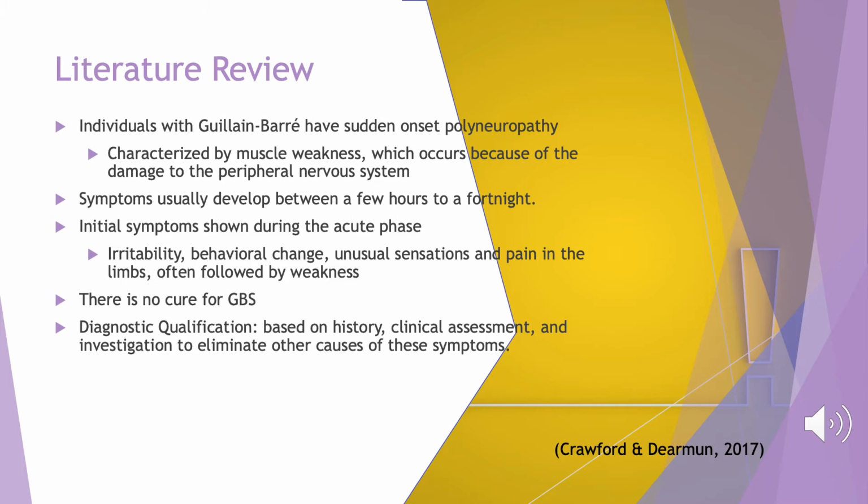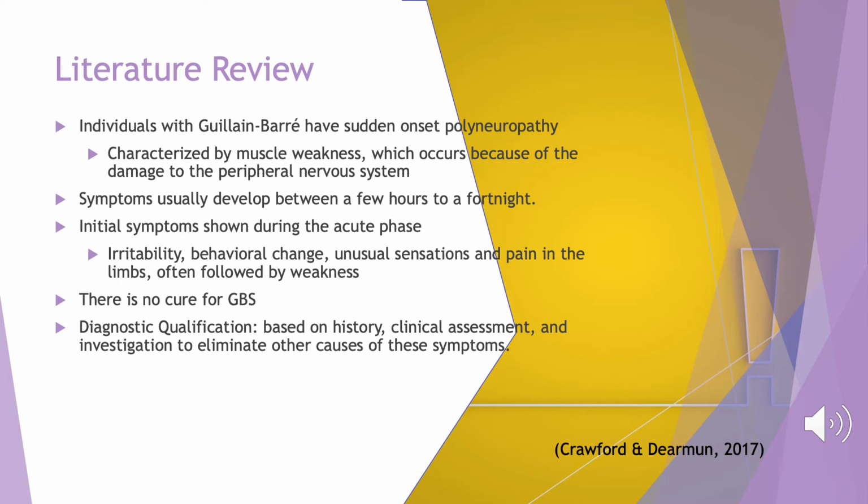Initial symptoms shown during the acute phase are as follows: irritability, behavior change, unusual sensations and pain in the limbs, often followed by weakness. These are all important symptoms to take note of when being admitted to the hospital and helps to diagnose correctly. There is also no cure for Guillain-Barré syndrome.